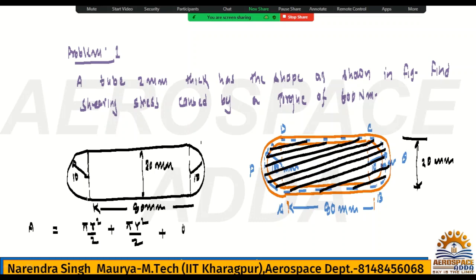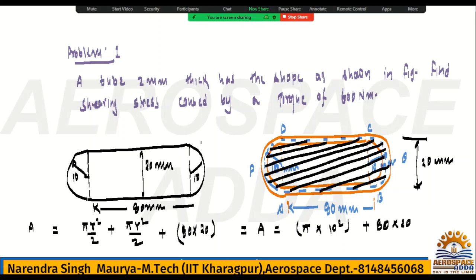So the area is pi r squared, with r equal to 10 mm, plus 80 into 20, which is 1600 plus pi times 100, with pi as 3.14 approximately, in mm square.